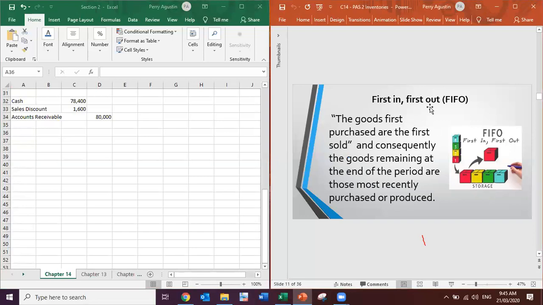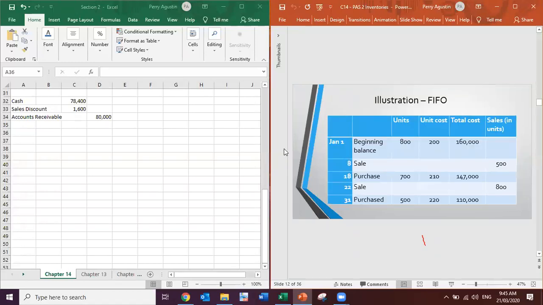So I guess you already know what it means by FIFO. It means that the goods purchased are the first item that you sold. While I think it will be a lot easier for us to understand if we'll be having an example, okay? So let's just have an example so that it will be beneficial for everyone, okay?